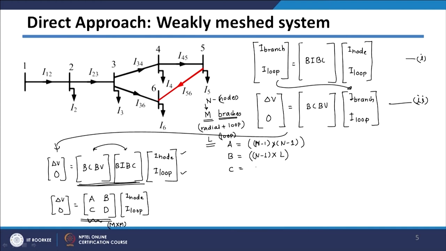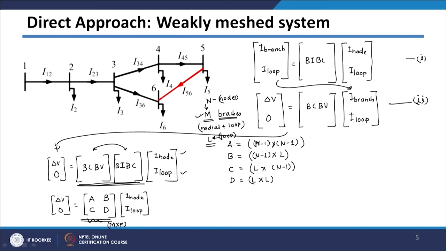In the C matrix there will be L rows multiplied by n minus 1 columns, and the D matrix will be L by L, where L is the loop forming branches and capital M is the total branches including radial plus loop.